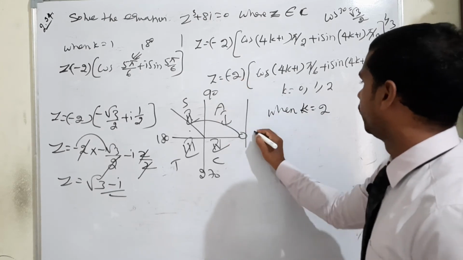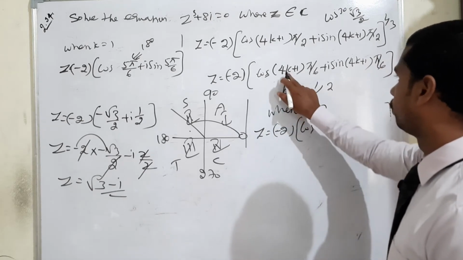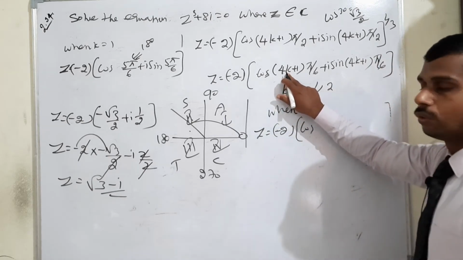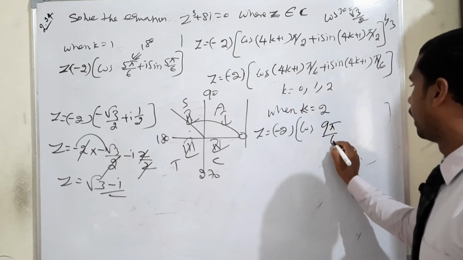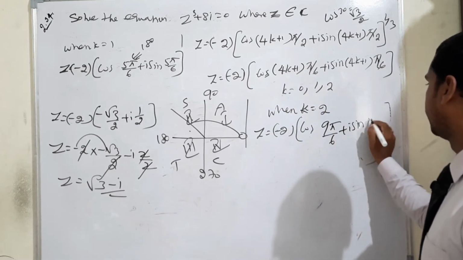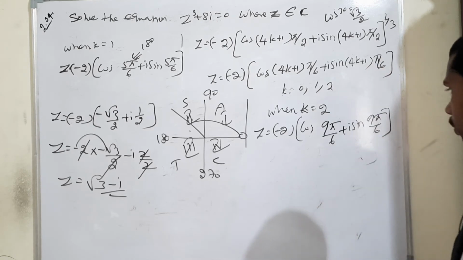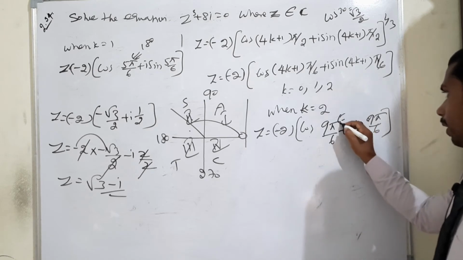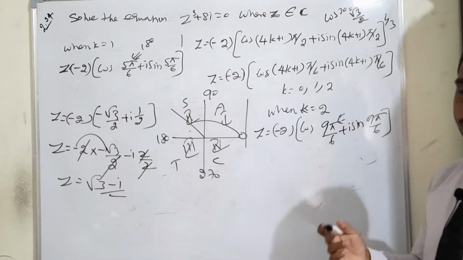When k is equal to 2, z is equal to minus 2 into cos of, instead of k you can apply 2. 2 into 4 means 8. 8 plus 1 is equal to 9. So cos 9 pi by 6 plus i sin 9 pi by 6. Now look at that. Here also pi value, I already told you, is 180. 180 divided by 6 means 30. 9 into 30 means 270.